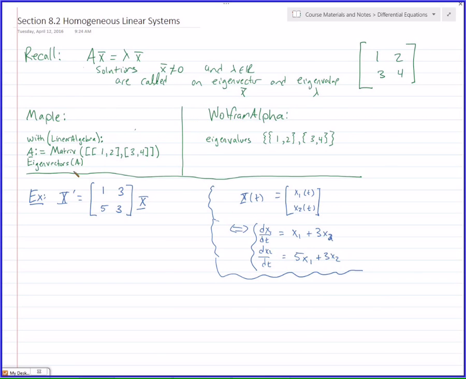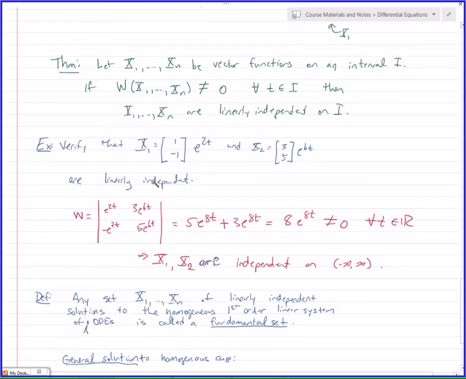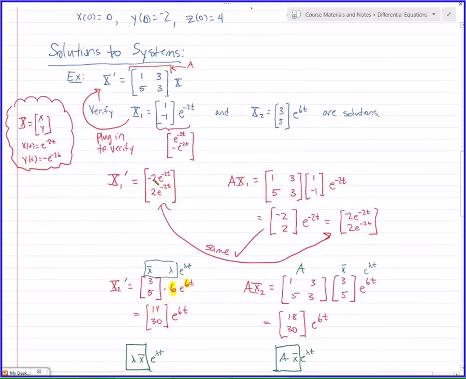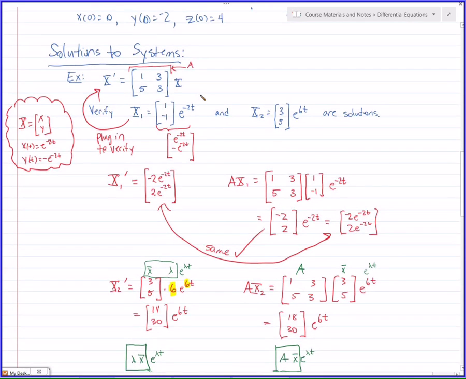Now what we learned by example in 8.1 is that once I saw that the eigenvalues and eigenvectors were part of the solution, I can immediately write down a solution. Okay, give me just a second. I'll come right back to this page, but I'm going to jump back to where we were in 8.1. I gave you a problem like this, and then I said, here are the two solutions.